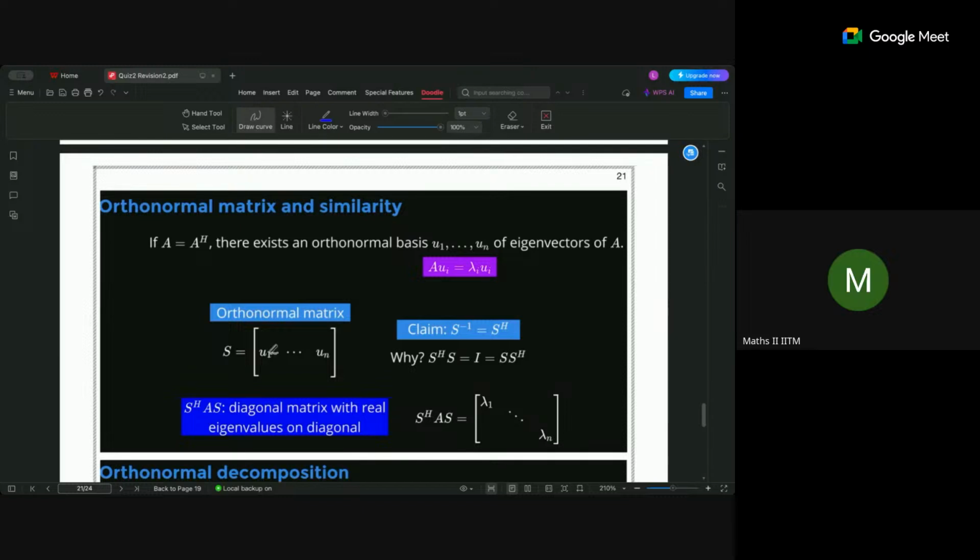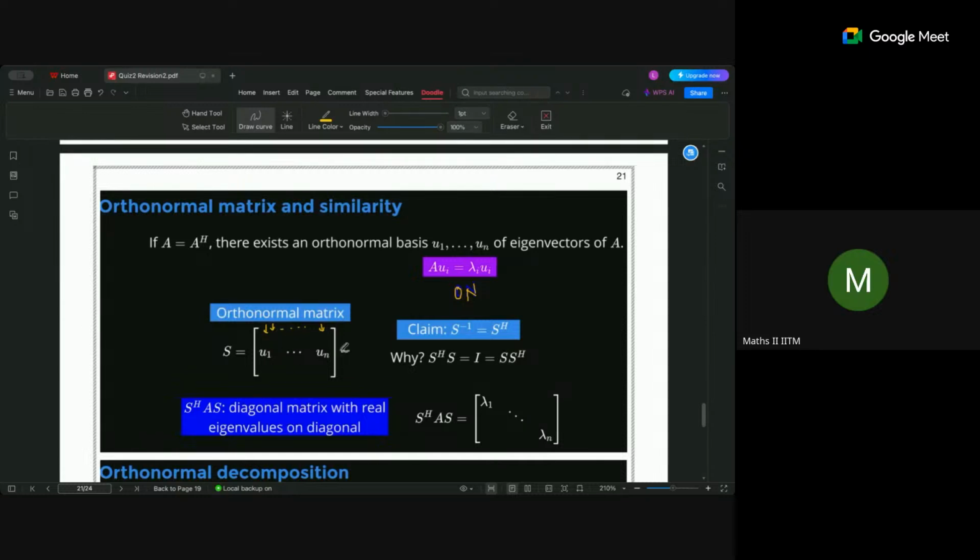What is happening here? Do you understand? Whenever we have a self-adjoint operator, the eigenvectors are orthonormal. Orthonormal means each of these entries here is an orthonormal vector, so the columns consist of orthonormal vectors.